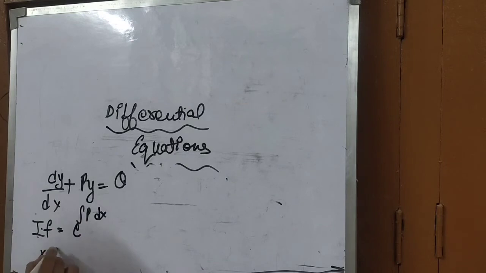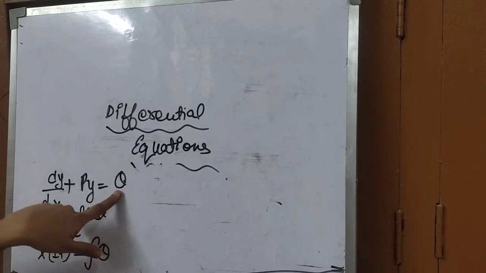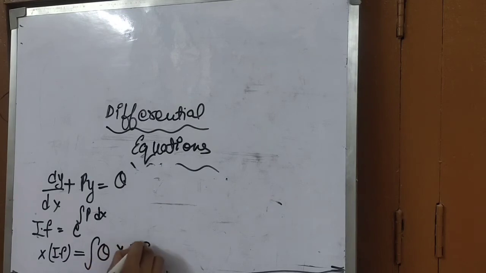So y into the integrating factor, that is IF, equals, taking the equal to sign and taking the integration, Q, multiplied again by the integrating factor that you have calculated here, and then take dx. So this is my final equation. At the end I'll receive this kind of equation, and you just need to put in the values that you are receiving here. That will be your answer for how to solve the equation.